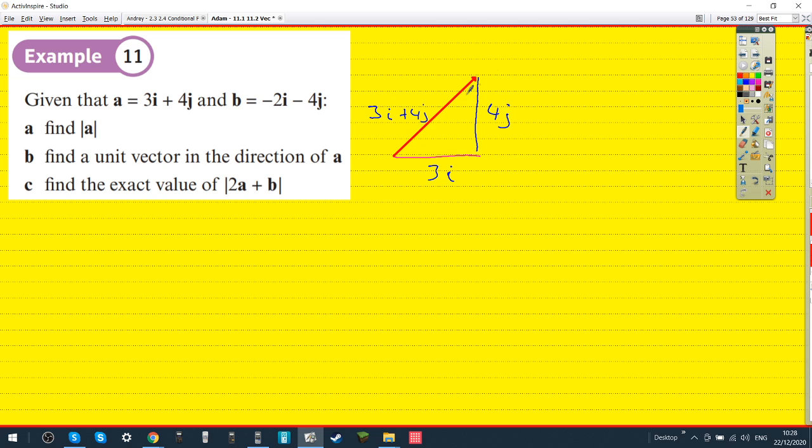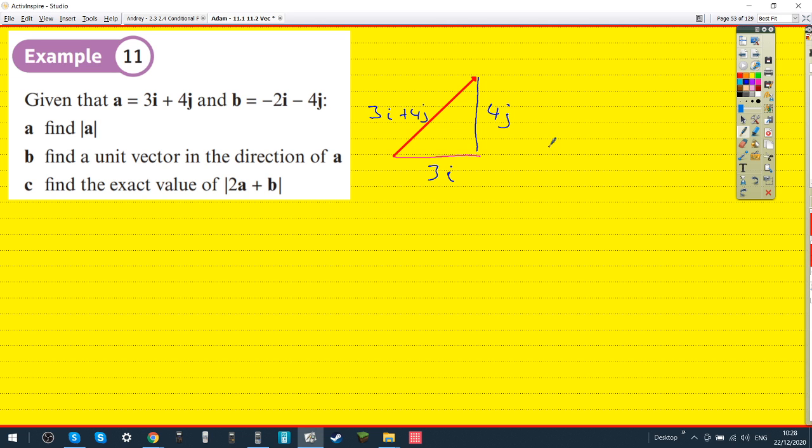How would you find the length of that line? Would you need to use simultaneous equations? You would need to use Pythagoras, and you can do it without the i and j.